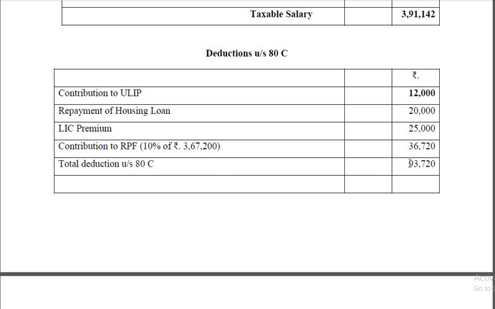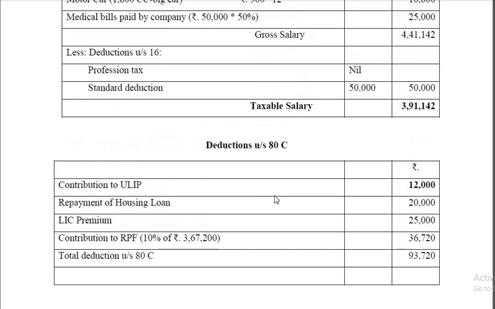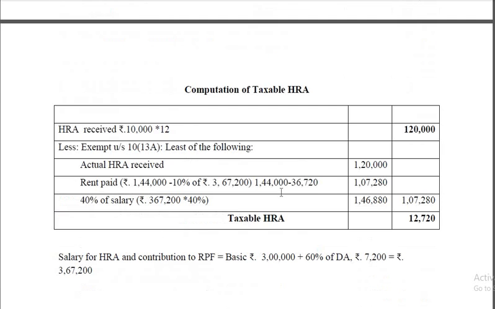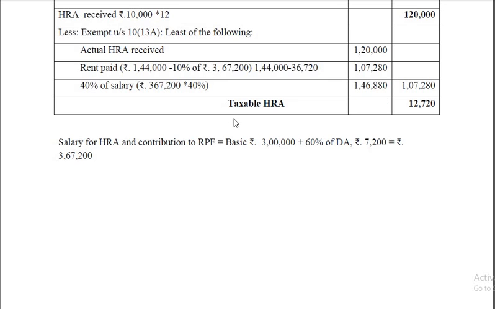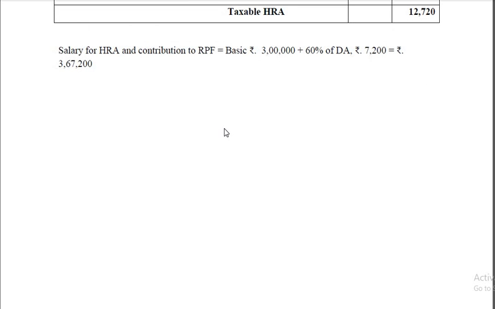Total deduction under 80C is 93,720. Maximum deduction under 80C can go up to 1,50,000. By this I have completed the solution to the problem. I have already explained everything. So thank you very much.